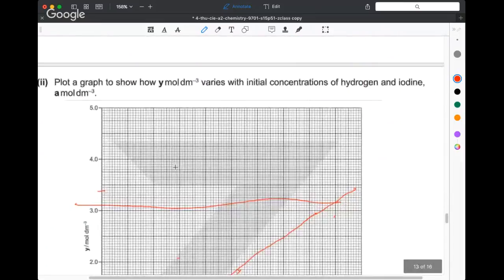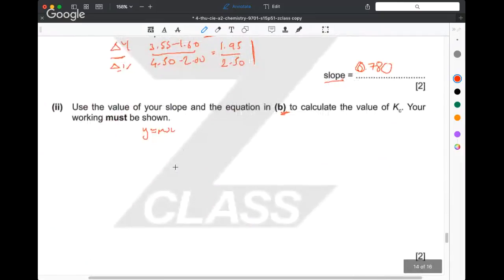We know we've got to use that, and we have y equals a times the square root of the equilibrium constant over 2 plus the square root of the equilibrium constant.